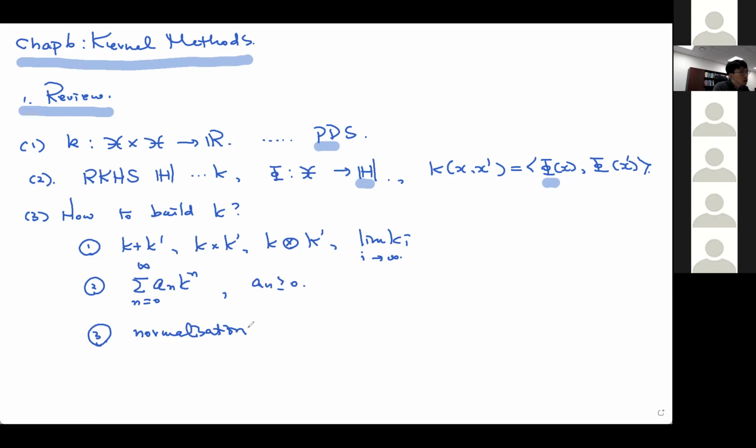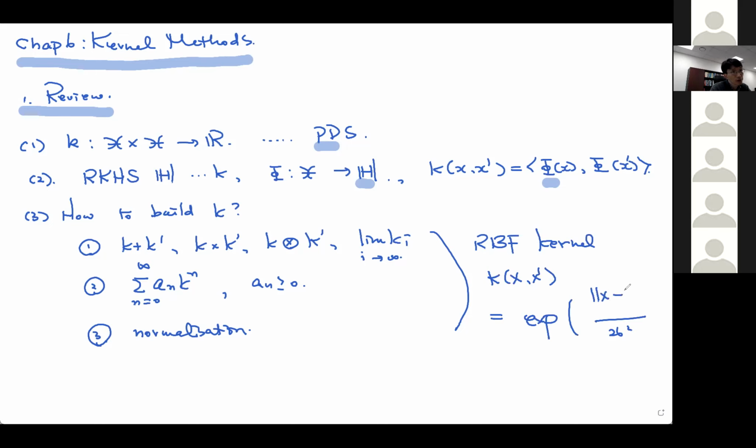If you combine all of these, we can show that the so-called RBF kernel, the Gaussian kernel, is a kernel, which measures x and x prime by taking the exponential of their squared distance.